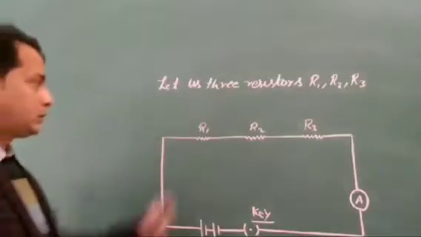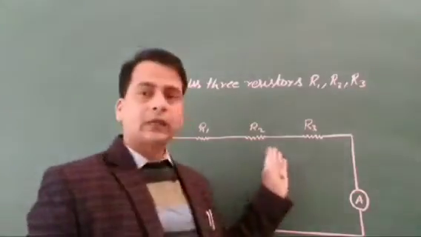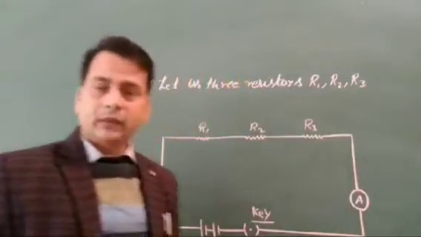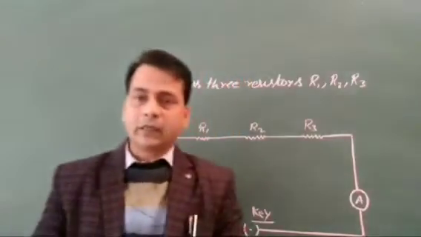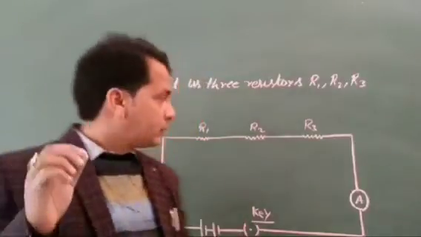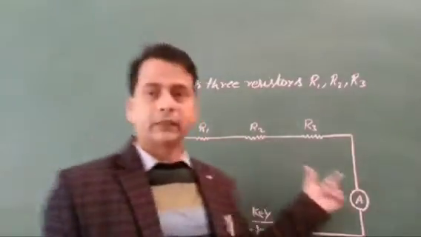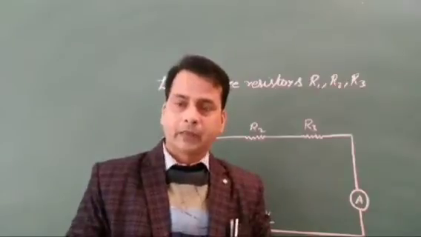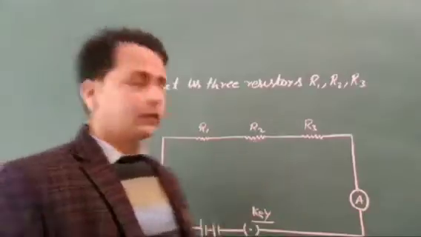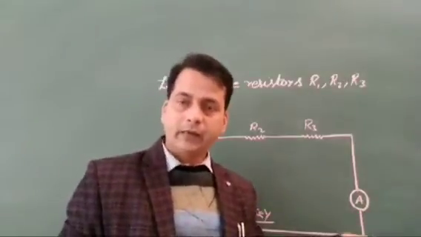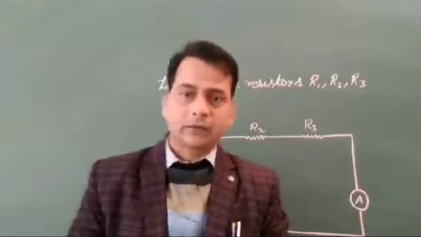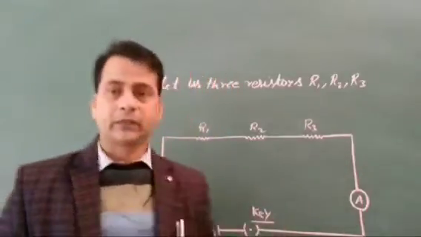The combination of resistors R1, R2 and R3 is a series combination. According to the series combination, the current flowing through the resistors will be the same, while the potential difference is different across every resistor. The current will be the same if the resistors are in series combination.